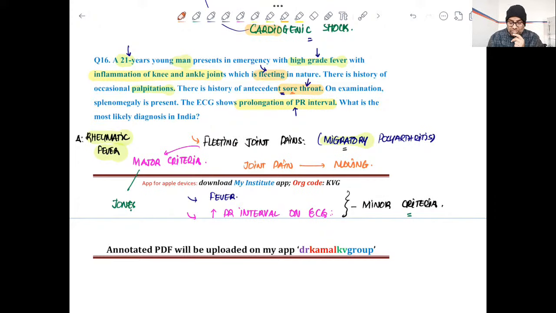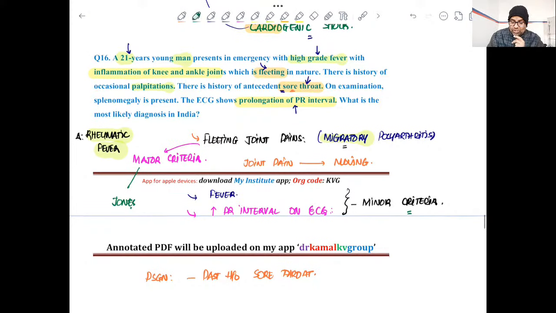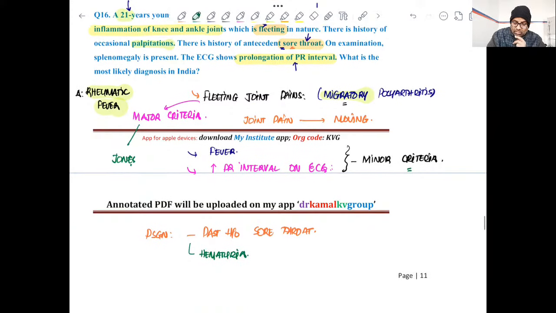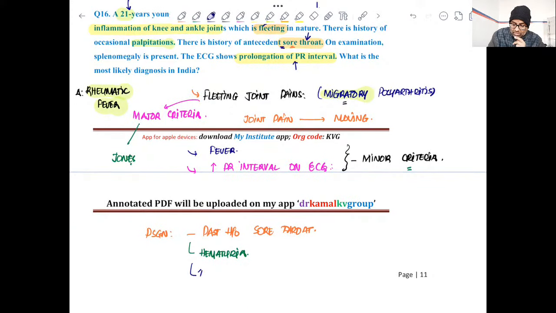The moment you see the past history of sore throat, you can think of PSGN, but remember in PSGN, of course, there is a past history of sore throat, I do agree with that, but this is not the only thing which you need to take into consideration. There has to be hematuria, clear? There can be raised blood pressure, there can be dysmorphic RBCs in urine, right?